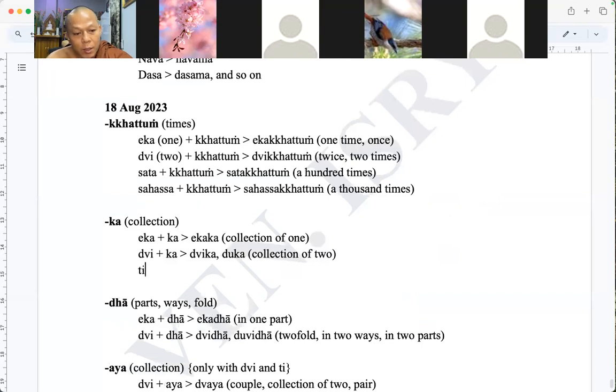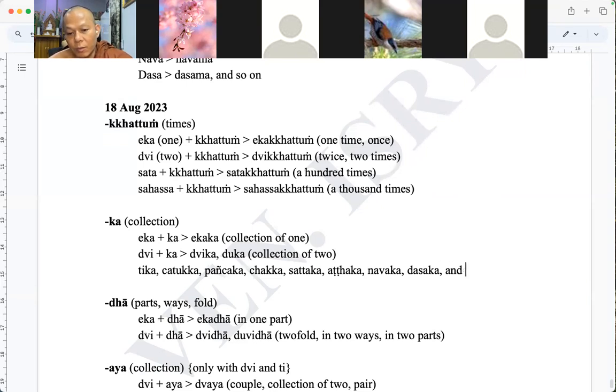So like dvika and then tika, catuka, pañcaka and then chakka and sattaka, so navaka and then atthaka. Sorry, so atthaka and then navaka and then dasaka and ekadasaka.